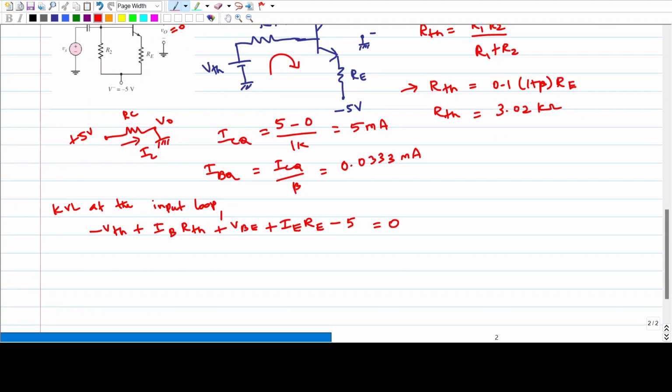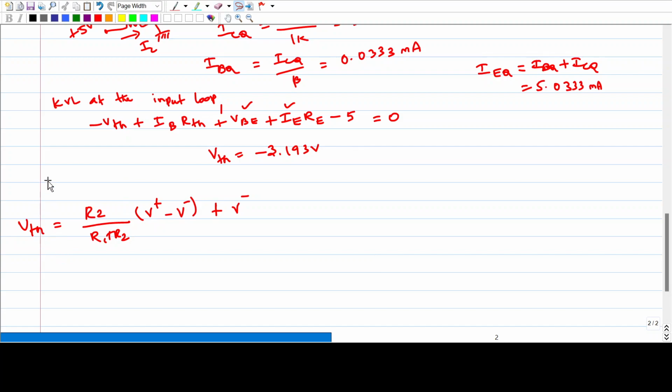We got ICQ and IBQ, so we know IEQ equal to IBQ plus ICQ. We know IEQ, VBE is 0.7, IBQ is given here, RTH also we got. From all this we can find VTH. So VTH equal to minus 3.193 volt.